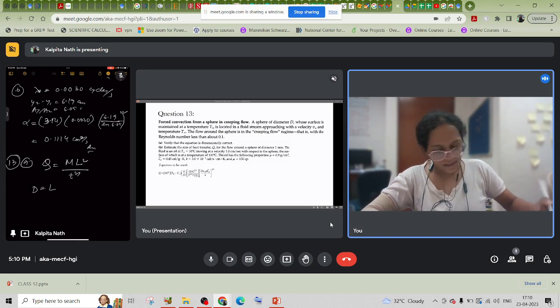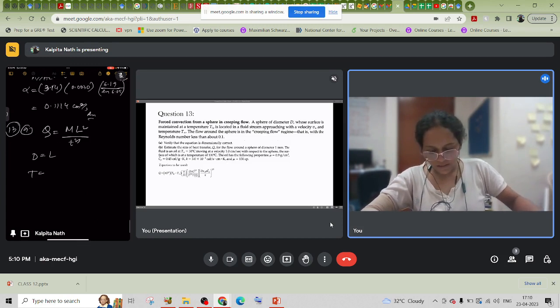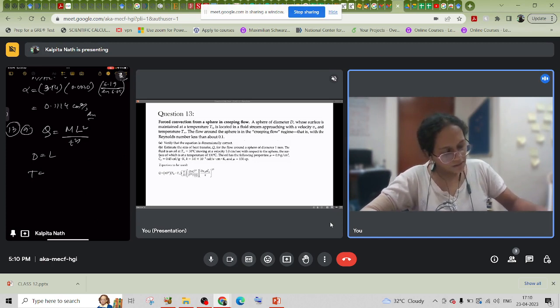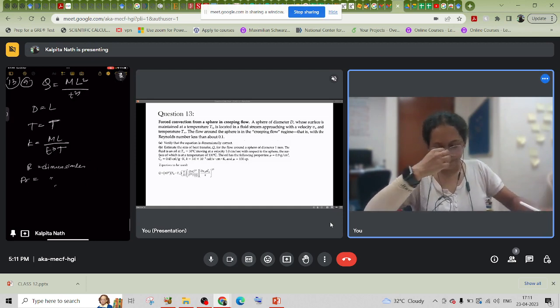D is L, T is temperature, capital Theta, and small k is MLT cubed Theta. Re is dimensionless, and the Prandtl number is also dimensionless.